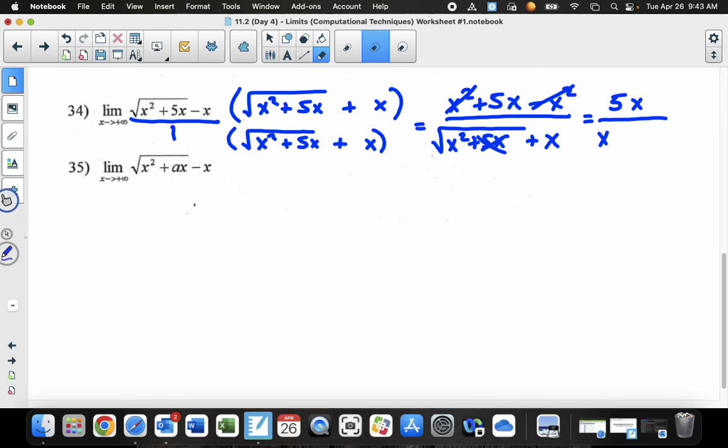Plus the x that's still there. We haven't done anything with that. What do we get in the denominator? So you get 5x over 2x. The x's cancel, and that's where the 5 halves is coming from. That's where the answer is coming from. You end up with 5x over 2x. x's cancel. 5 halves is the limit.